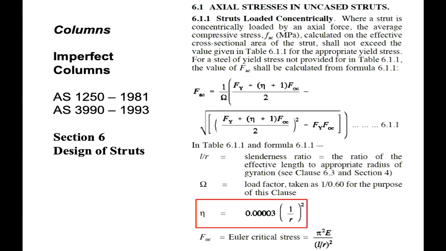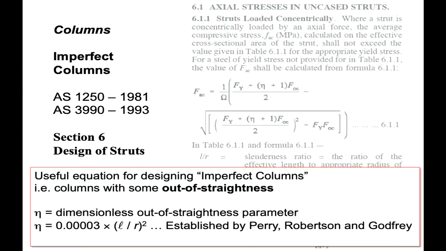And here is an example of an Australian standard, one from 81, then 1993. There's a strut, another word for column as far as we're concerned, and there's a whole heap of equations for axial stress in uncased struts. And there's this rather nice little phrase there, which I'll zoom in on so you can see it all.